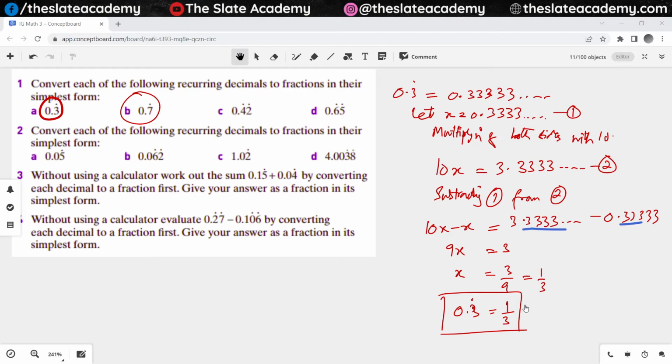Yes, madam, we have to convert it into a fraction. Wrong answer, Mr. Arman. 7 over 10 would be just 0.7. It wouldn't be 0.7 recurring.